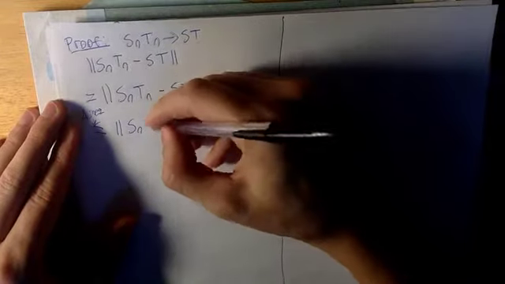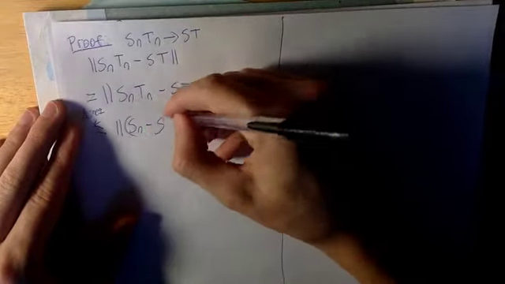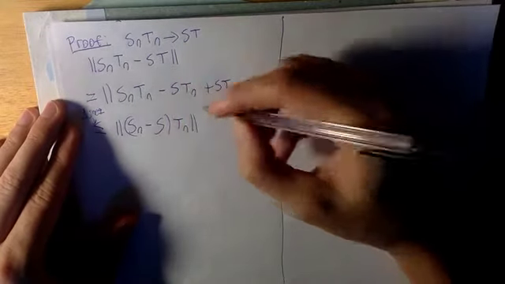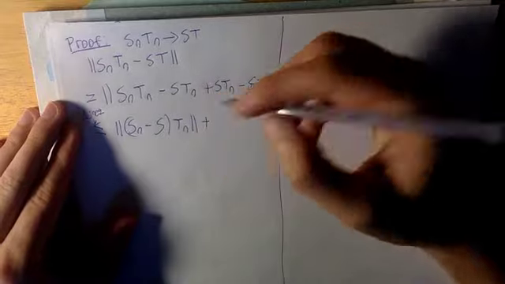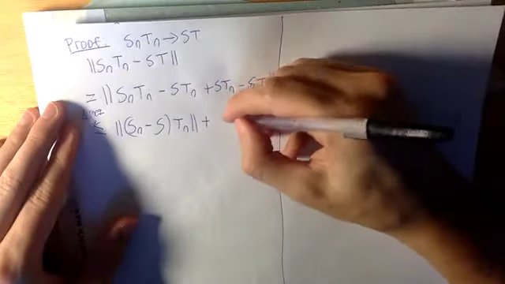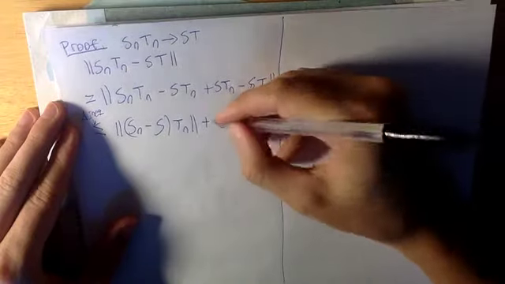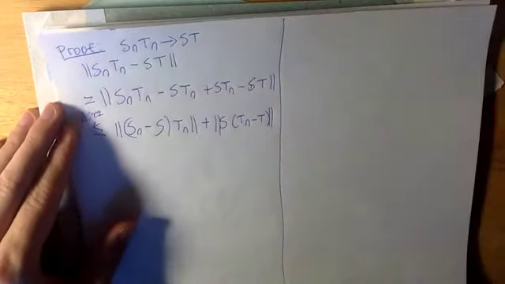By the triangle inequality for this norm, this is going to be less or equal than the norm of Sn minus S multiplied by Tn, plus S composed with Tn minus T in norm.